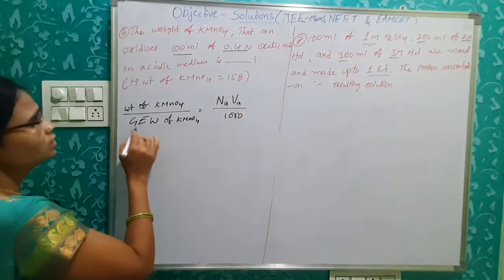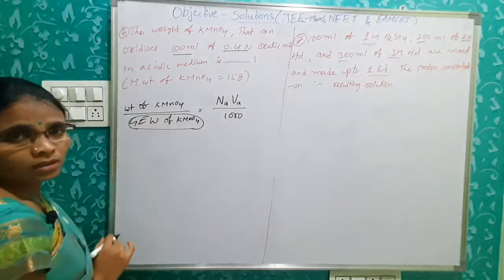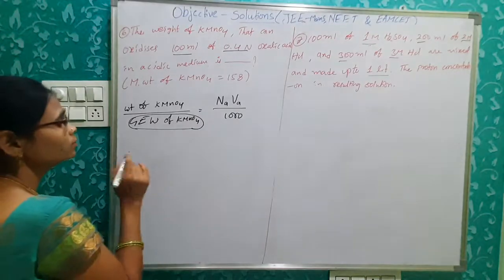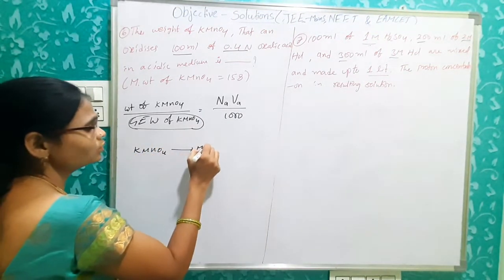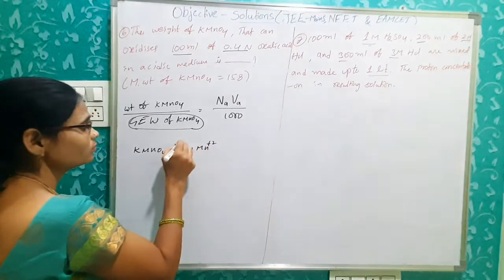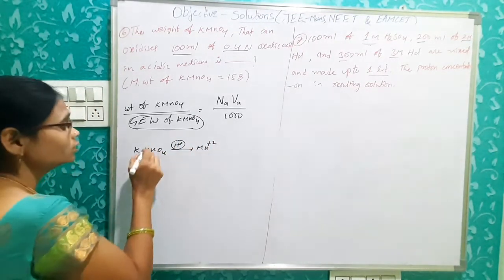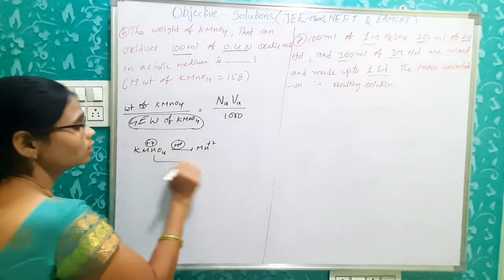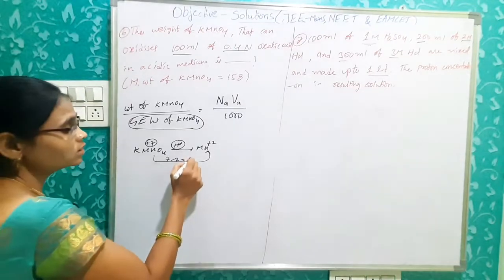Clear? Then you have to calculate the equivalent weight of KMnO4. So simply here KMnO4 in acidic medium converts into Mn plus 2, no? As I said before. Okay, so here plus 7 to plus 2, how much? 5.